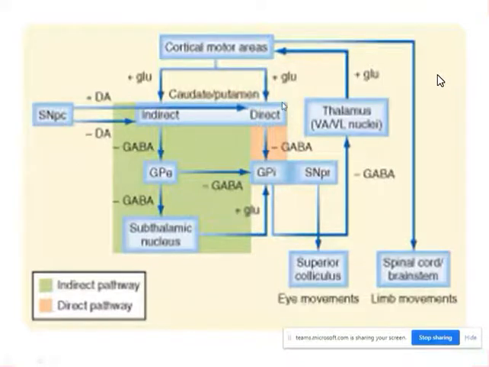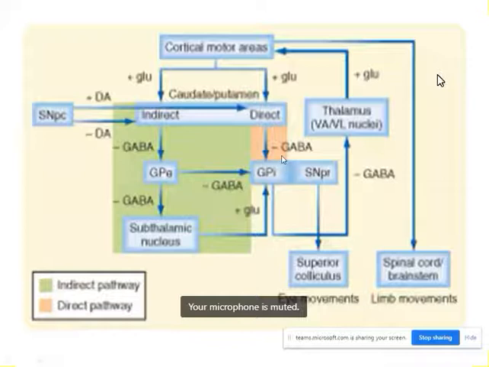From this pathway, glutamate is produced, and it will excite the striatum, the caudate and putamen together. When the striatum gets activated, it will produce GABA. This GABA is an inhibitory neurotransmitter, isn't it? So when GABA production is high due to the activation of the striatum, what will happen to the production of GABA by the globus pallidus internal?